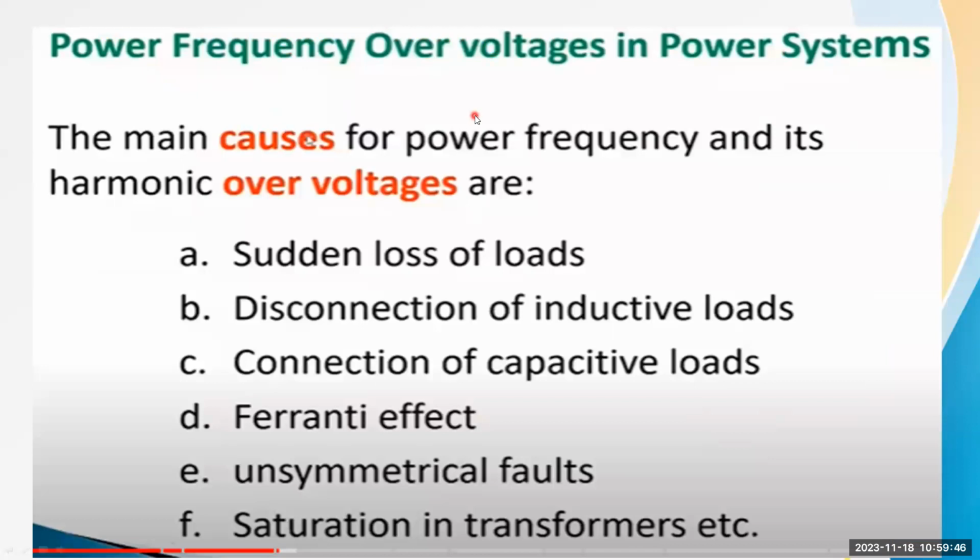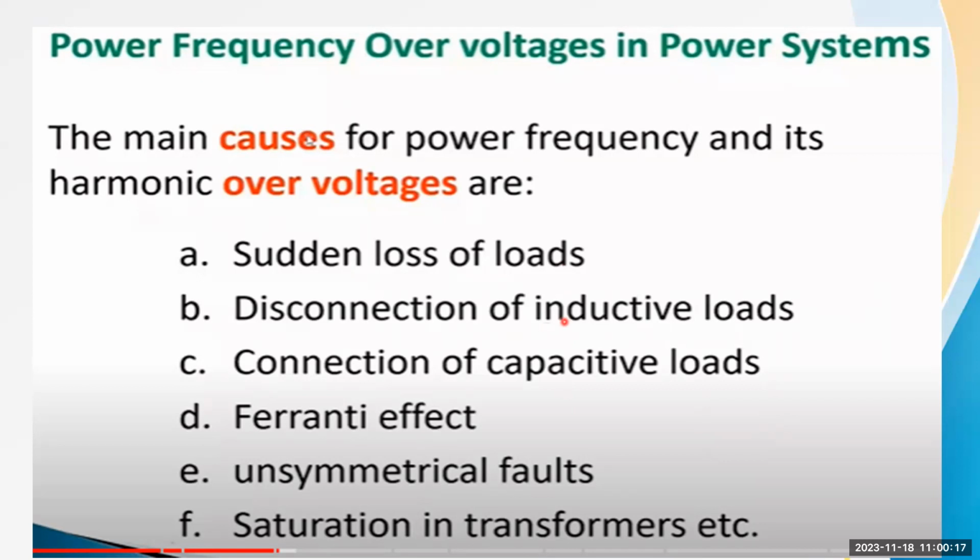Then power frequency overvoltages in the power system. Power frequency overvoltages are caused by sudden loss of loads. If a load is suddenly removed, it causes overvoltages and harmonic voltages.